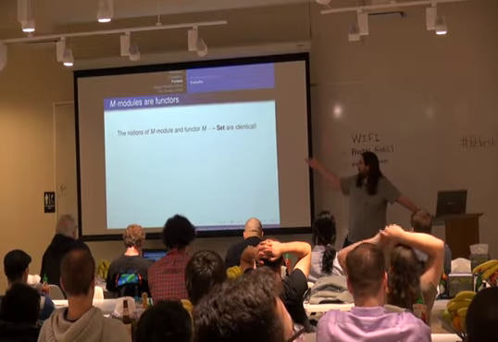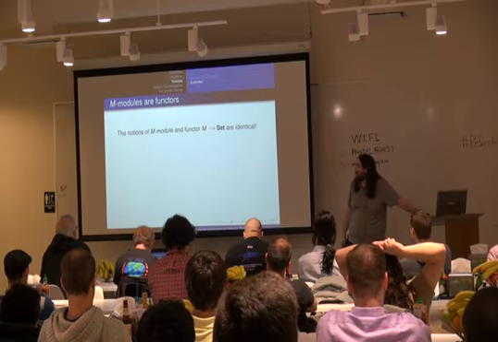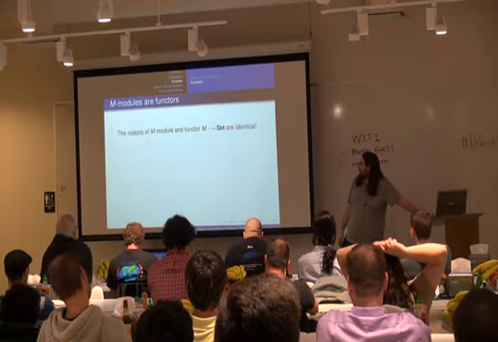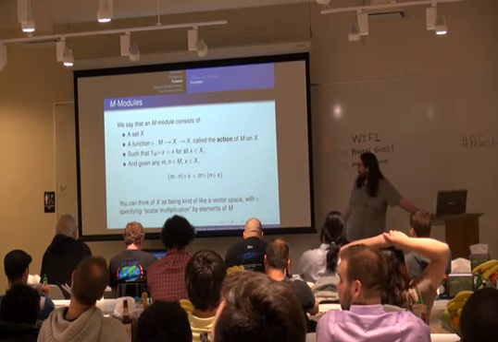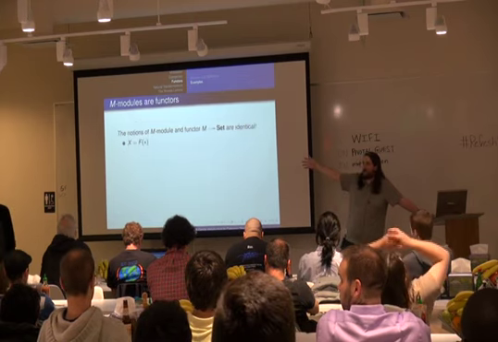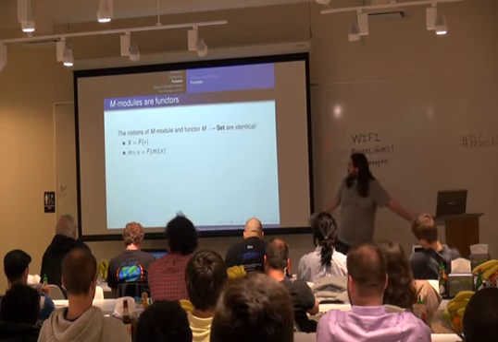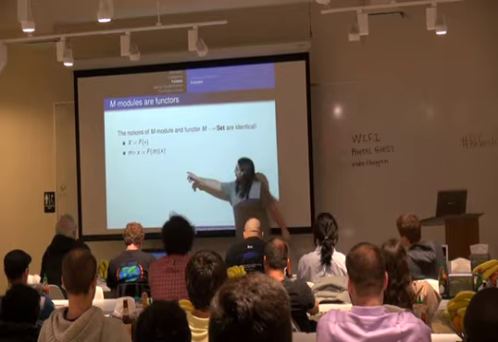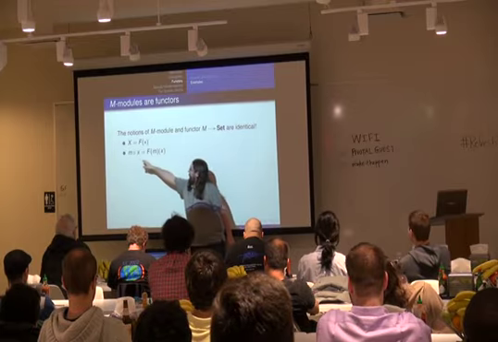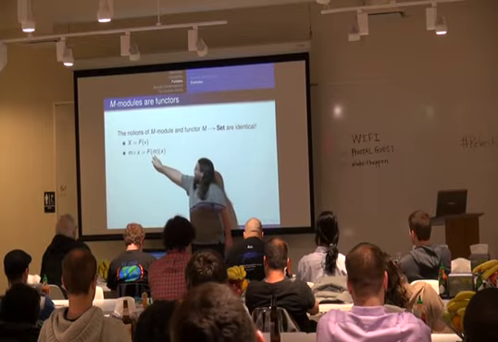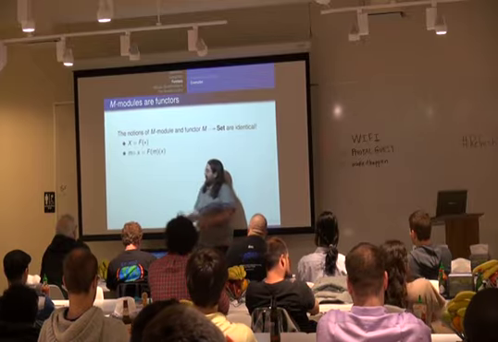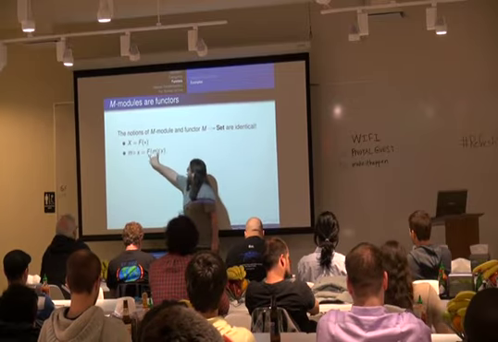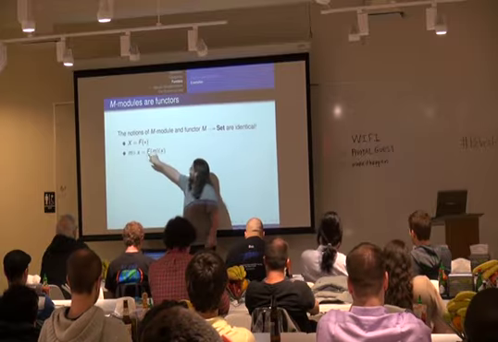So it turns out that m modules and functors from m to set are exactly the same thing. So we have a set, an action, and it obeys some laws. So the set is just f of star, and for the action of m on x, we want a function from x to x, so f of m is going to be that, and we apply it to our element x.